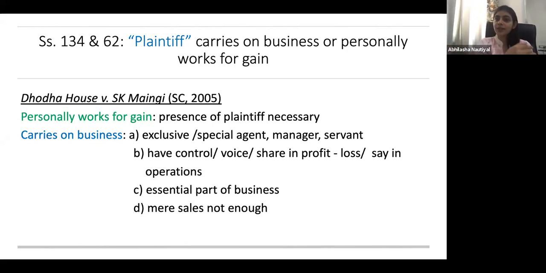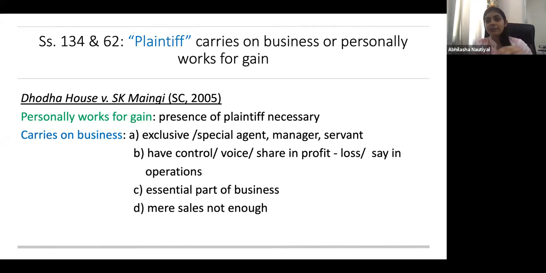However, if you're looking for carrying on business, there's a distinction that the Supreme Court has drawn: carrying on business does not require the presence of the plaintiff. It's not a mandatory requirement. An exclusive, special agent, a manager or a servant, where you have control or you have a share in profit and loss of the operations, could also lead to carrying on business in a certain jurisdiction.